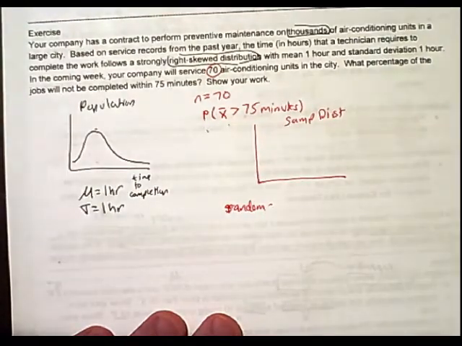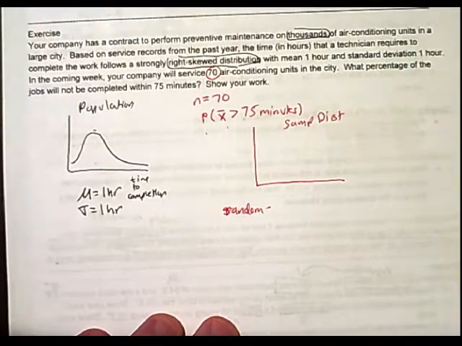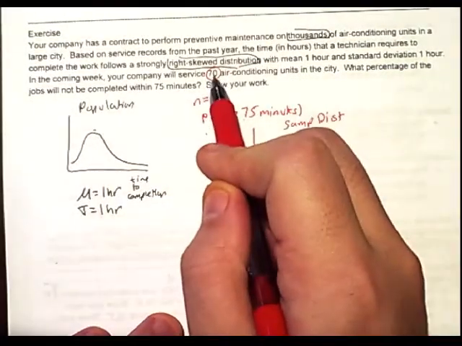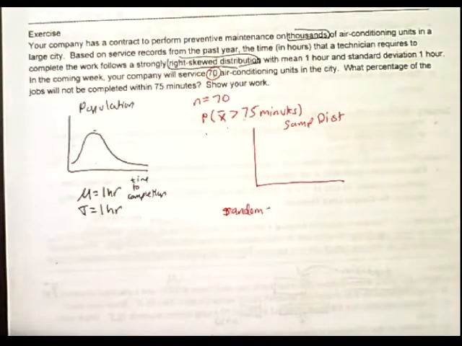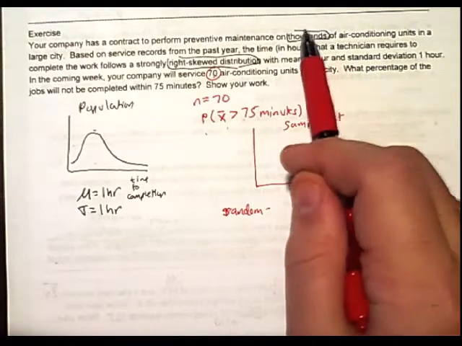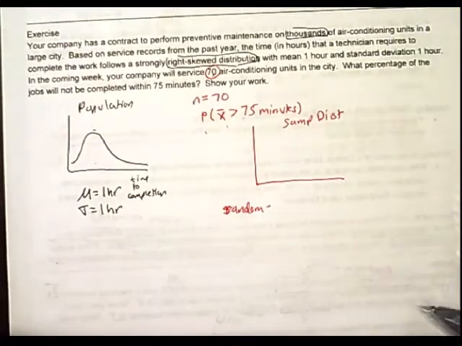Now it doesn't say random. But the 70 that we're going to service, we can think of that as a random sample of the thousands of air conditioning units we service.